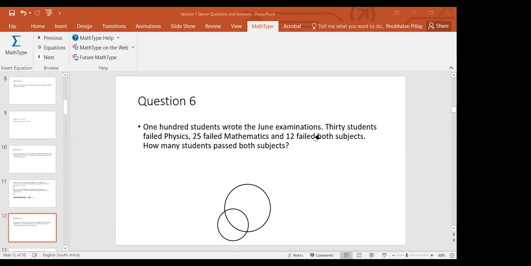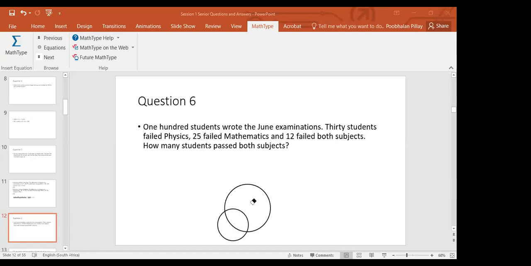One of the circles will represent all those who failed physics. So this circle here is all those who failed physics. And this other circle is all those who failed maths, right? The part in between are those who failed physics and maths, because they belong to the physics section. They also belong to the maths section.